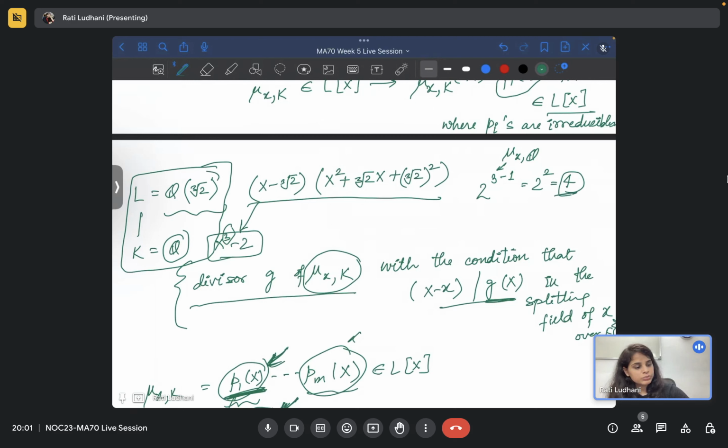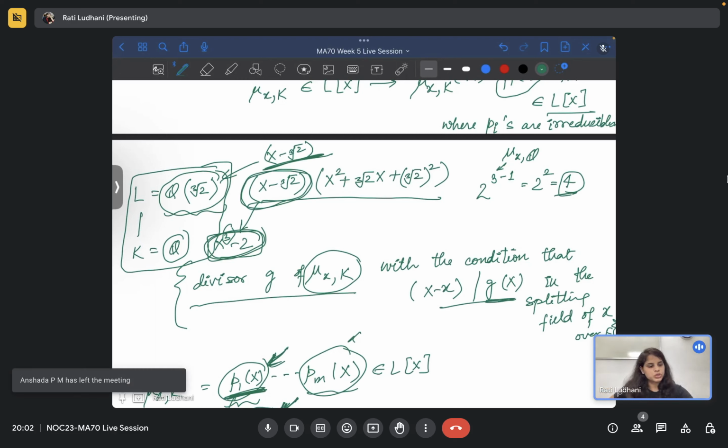So if you take L to be cube root of 2, then how many in between can you have? In this situation you get a field which is not the splitting field; we are not saying this is the splitting field of x cube minus 2. So how many in between can you have with this factor? This factor should be there. Actually there are just two, q and q adjoined cube root of 2. There are no others. So k and l are also included, so you have to find these subsets.